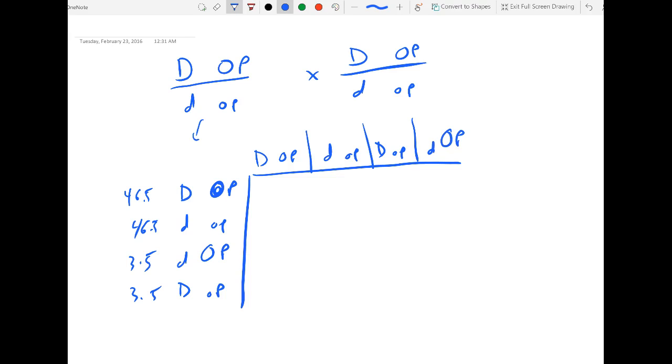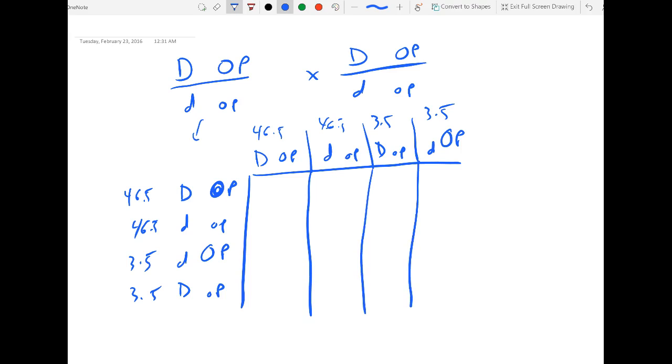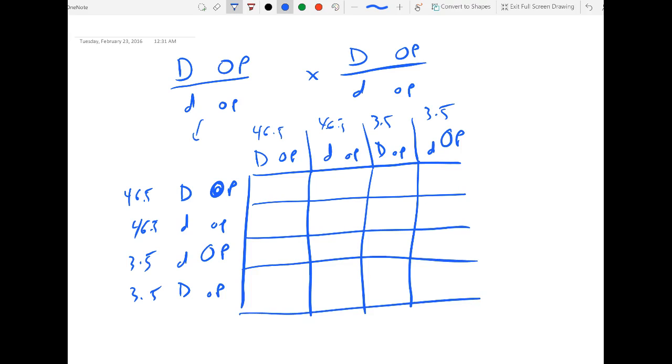But in this we get the same thing. We get 46.5, 46.5, 3.5, and 3.5. So this is for the advanced people that like to think about things a little deeper. It's not that hard, really.